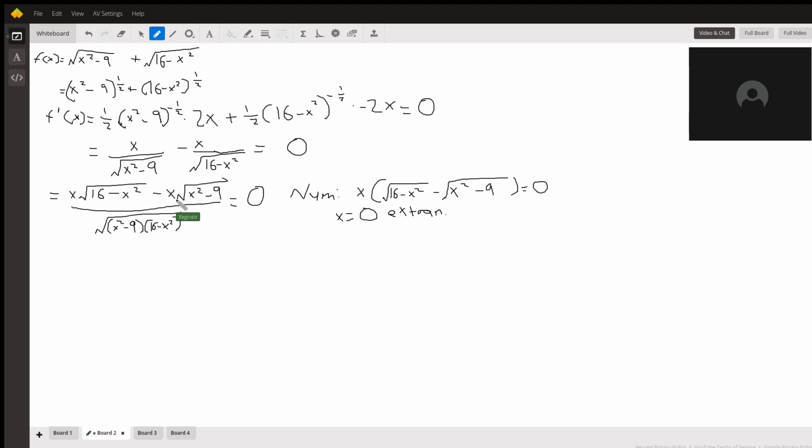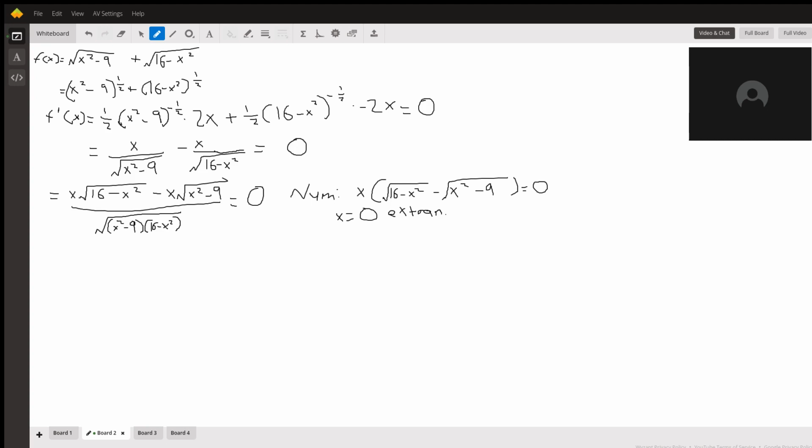Okay, so negative 3.9. I'm using a calculator. Negative 3.9 divided by the square root of negative 3.9 squared minus 9. Take that, subtract. Oh, I made a calculator error.